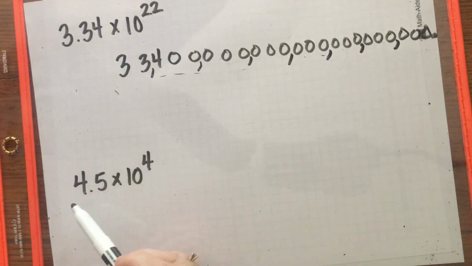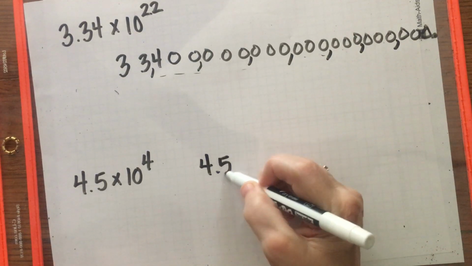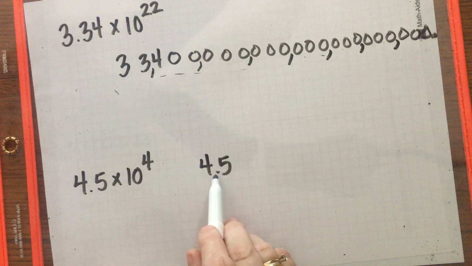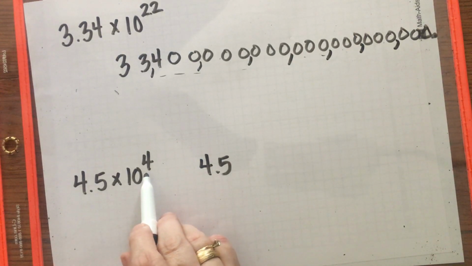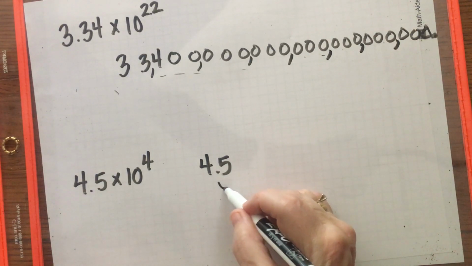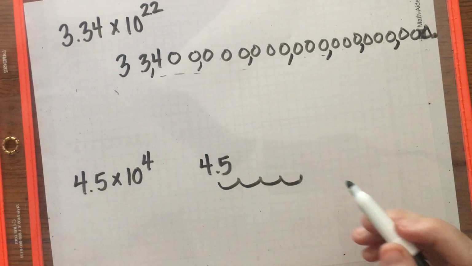So for this one, our mantissa is 4.5. So we go ahead and write that. And we need to move this decimal right here to the right 4 places. So I start here and I go 1, 2, 3, 4.